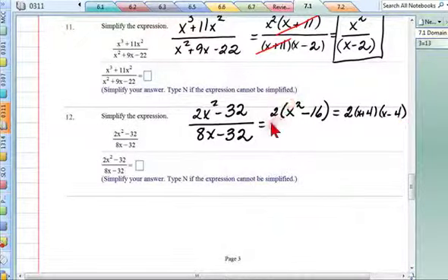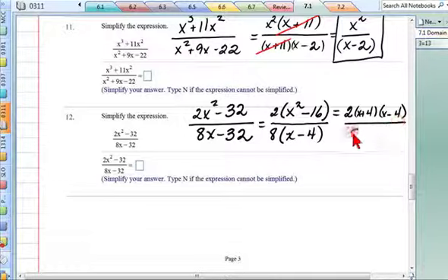The denominator, common factor of 8. Factor out the 8, and that will leave me with an x minus 4. So I can't do anything more to that, so I'll just copy it down as 8 times x minus 4. Do you see any common factors? Yeah.